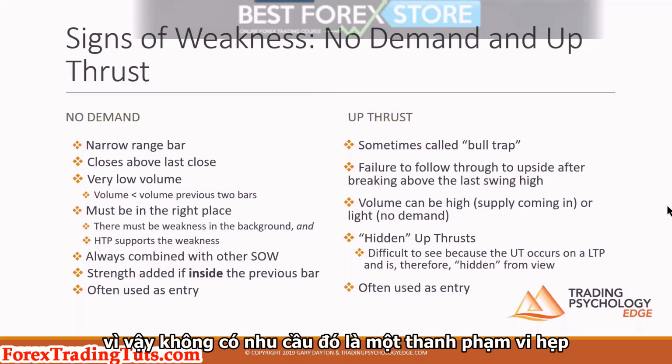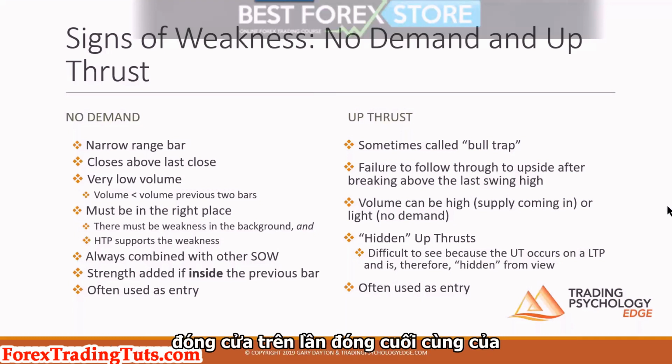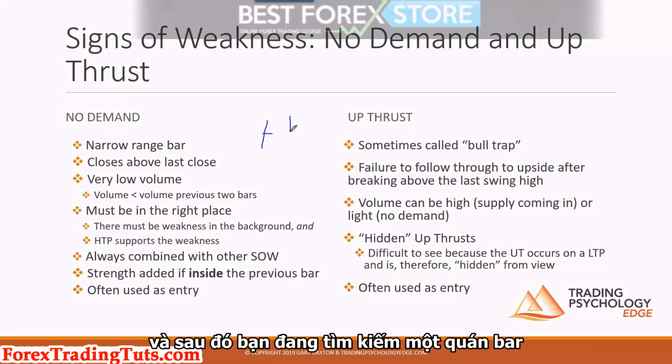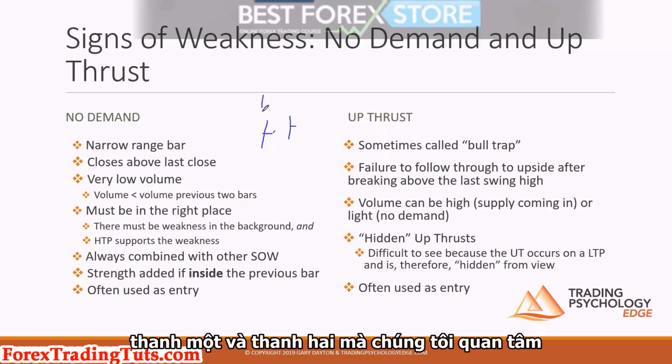So no demand. It's a narrow range bar that closes above the last close of the prior bar. In other words, if you have a bar that closes here, and then you're looking for a bar that closes above. This is bar 1 and bar 2.